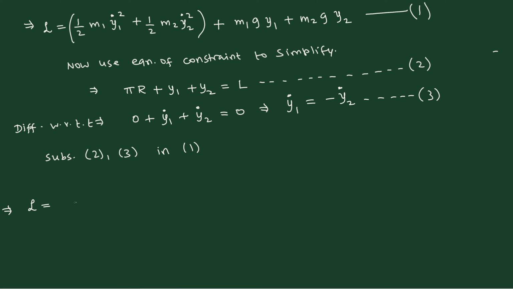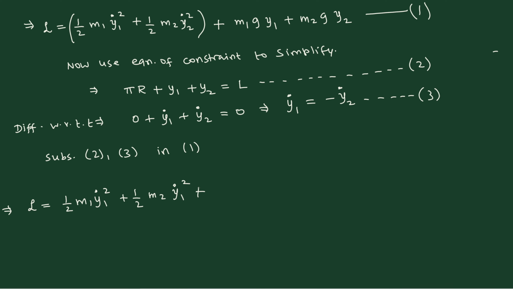So we have the Lagrangian equal to half m1 y1 dot square plus half m2, again it is y1 dot square. So now you have to see this is also y1 dot square because of equation number 3. It is actually minus y1 dot whole square, so it becomes again plus. So these two terms are over.